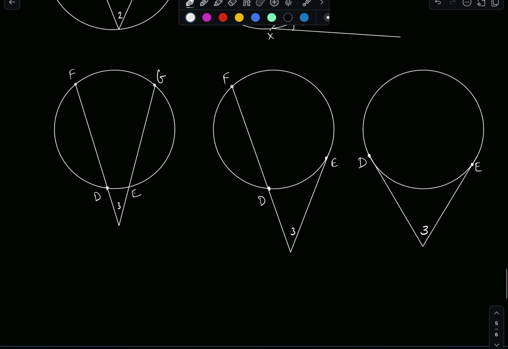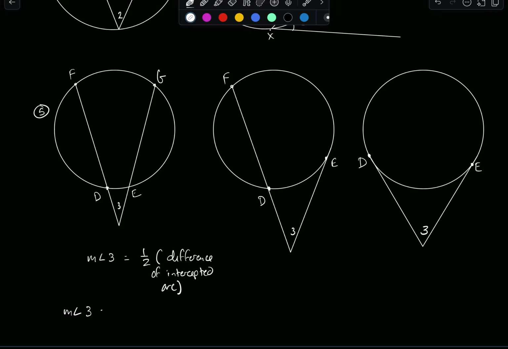Finally, we have the angles that are formed when the vertex is outside the circle. So in this case, the measure of angle 3 is always going to be 1/2 the difference of the intercepted arcs, which looks like this for this circle here, which is, I guess, circle number 5.